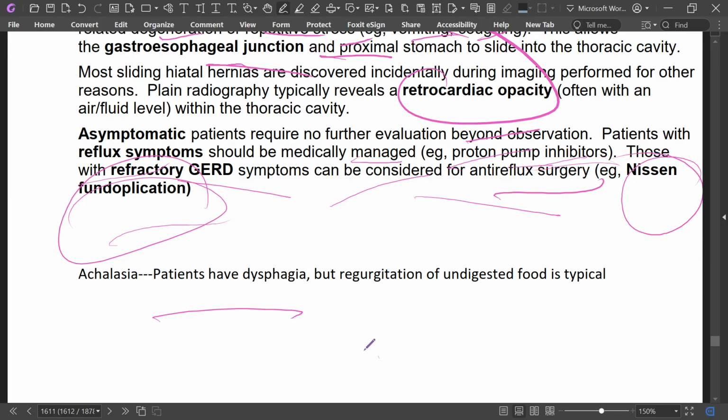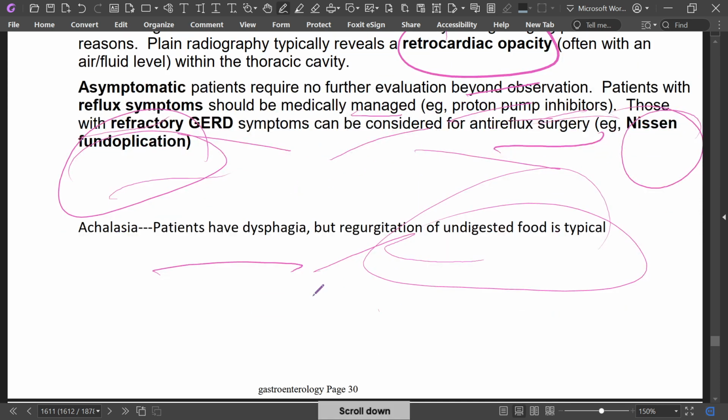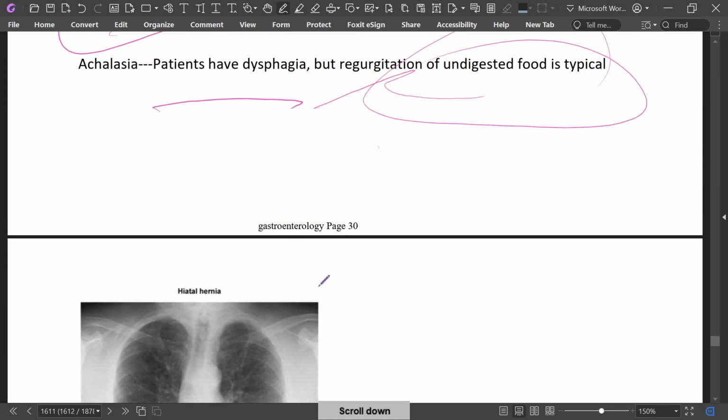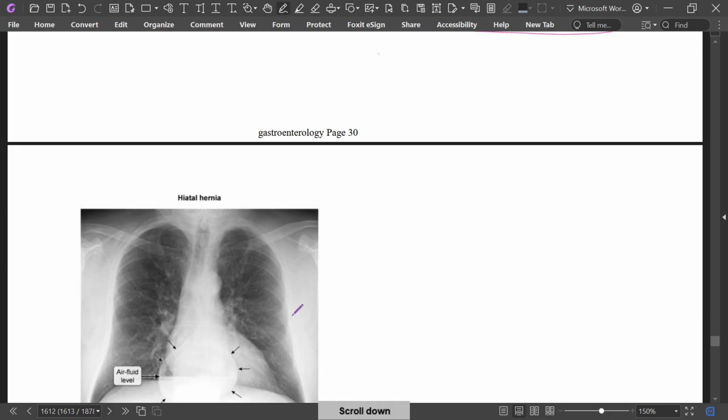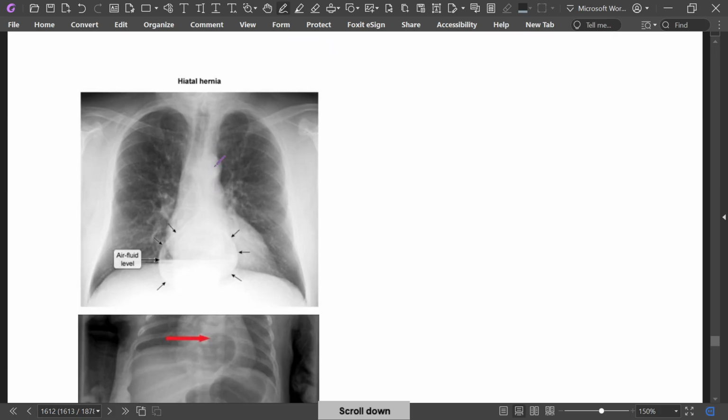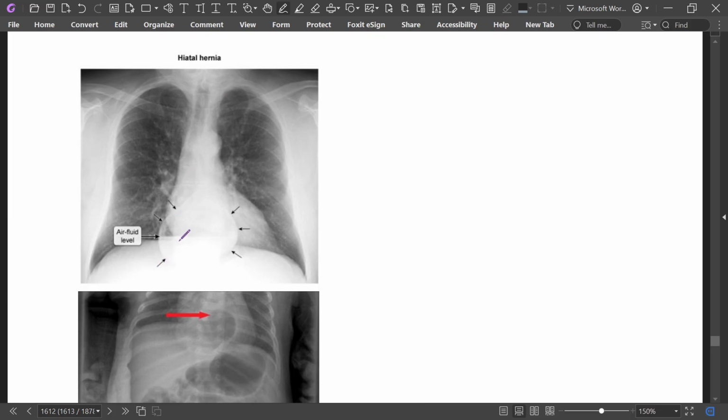Also, the patient may have dysphagia, but regurgitation of undigested food is typical. This is the picture of the hiatal hernia. There is an air fluid level.